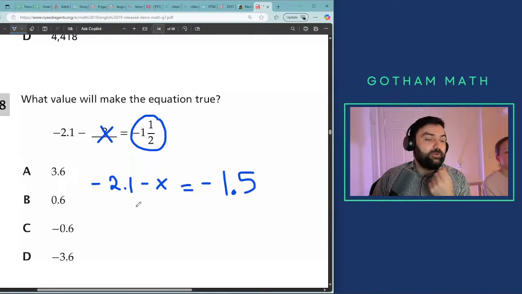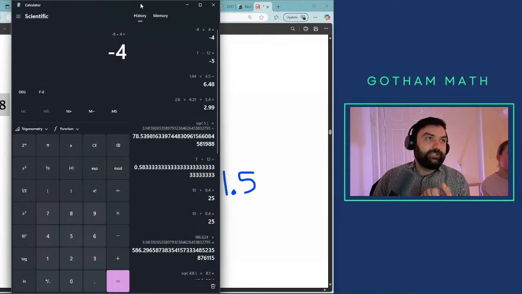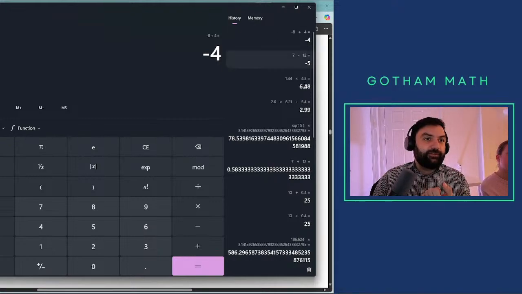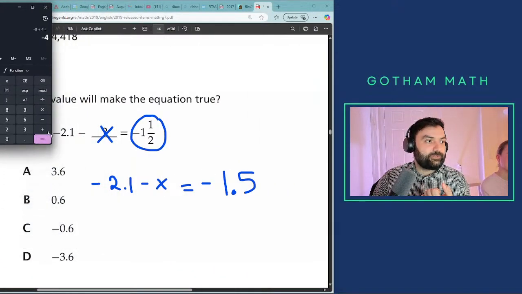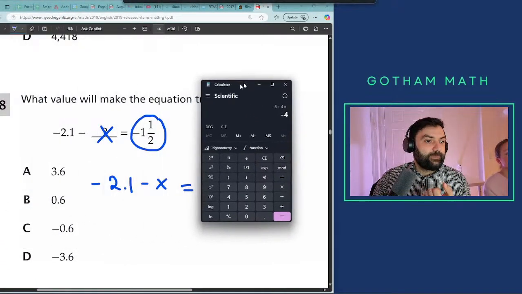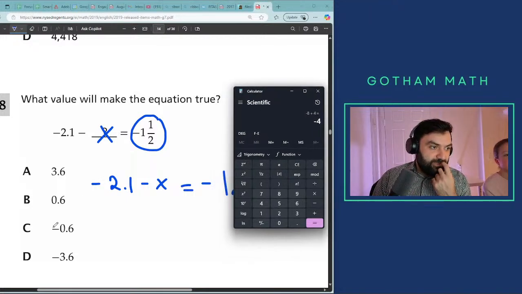So how do we solve this? Well, you can just try all of them, plugging each into the x and seeing which one will be the answer. And if you do it correctly on the calculator, I don't think you'll miss. The only thing is that if you're not sure how to do a negative, then you may miss.